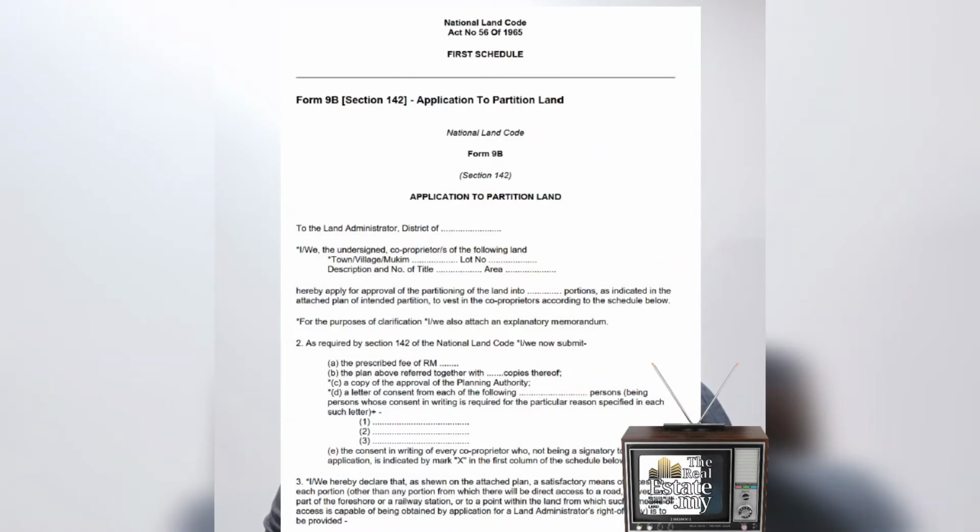Attached together is the National Land Code Act number 56 of 1965, first schedule, Form 9B, Section 142, Application to Partition Land.